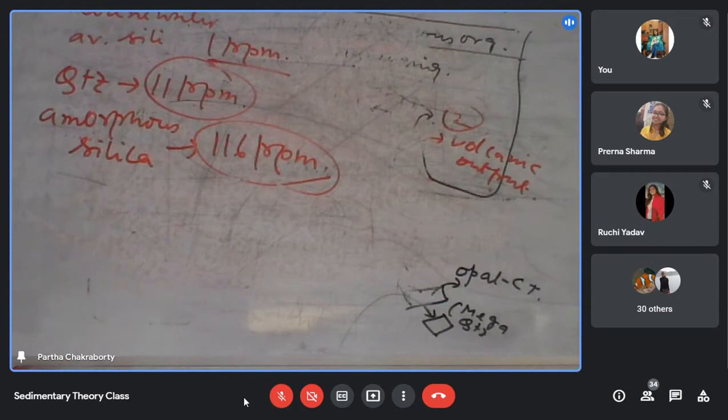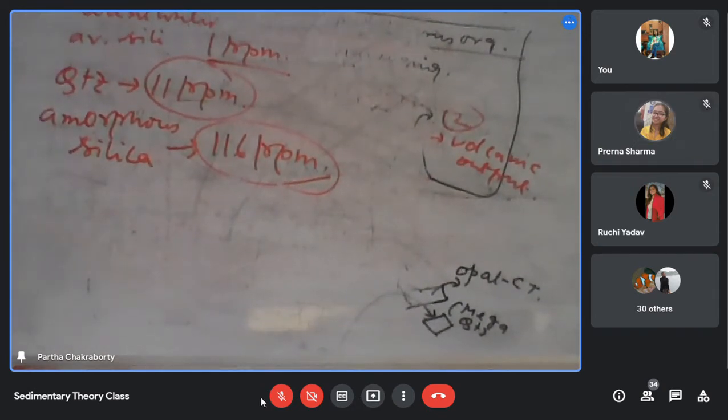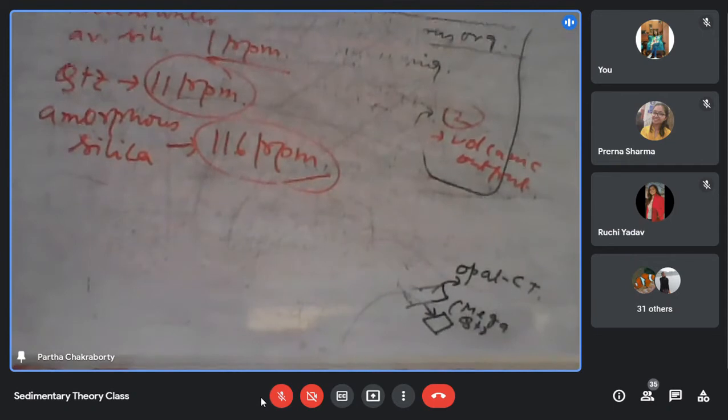Now you can say the organism is making their test, and then they are living in the same water which is undersaturated. In that case, their test will go into dissolution. Isn't it? Yeah. So they are making their tests and scavenging silica, making the water undersaturated, and that undersaturated water will dissolve their test. But that is not happening.